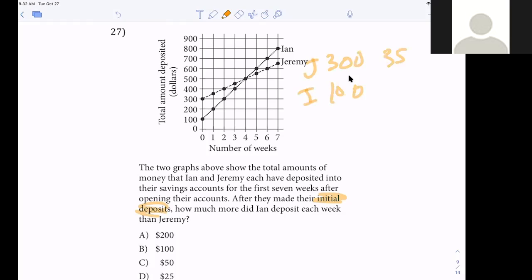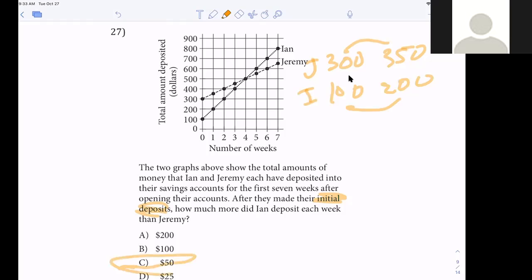350. Ian had how much? 200. How much more did Ian deposit each week? So Jeremy deposited how much each week? 50. Ian deposited 100. So how much more? 50.